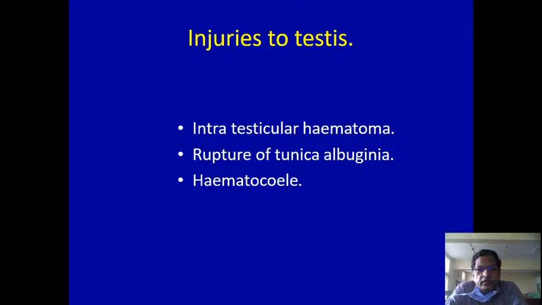On the other hand, if there are extensive lacerations and disruption of the testis, then orchidectomy has to be performed and the bleeding has to be controlled by ligating the vessels. That's how we treat the scrotal injuries.